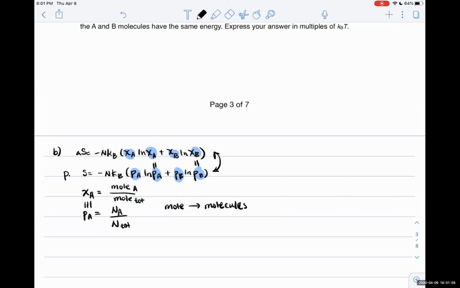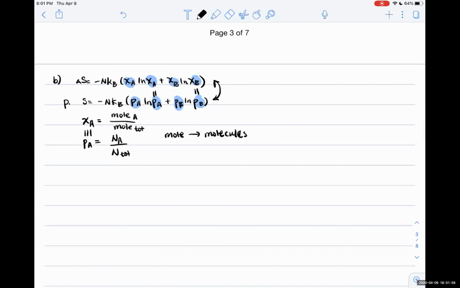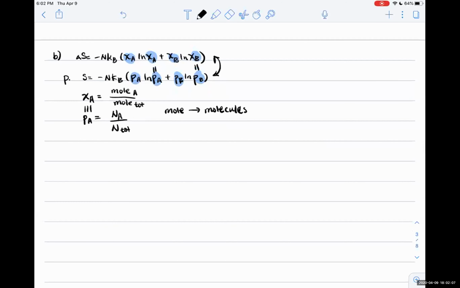Now let's look at the statistical definition of entropy, and what Byron said about the relationship between the statistical and probabilistic definitions of entropy.